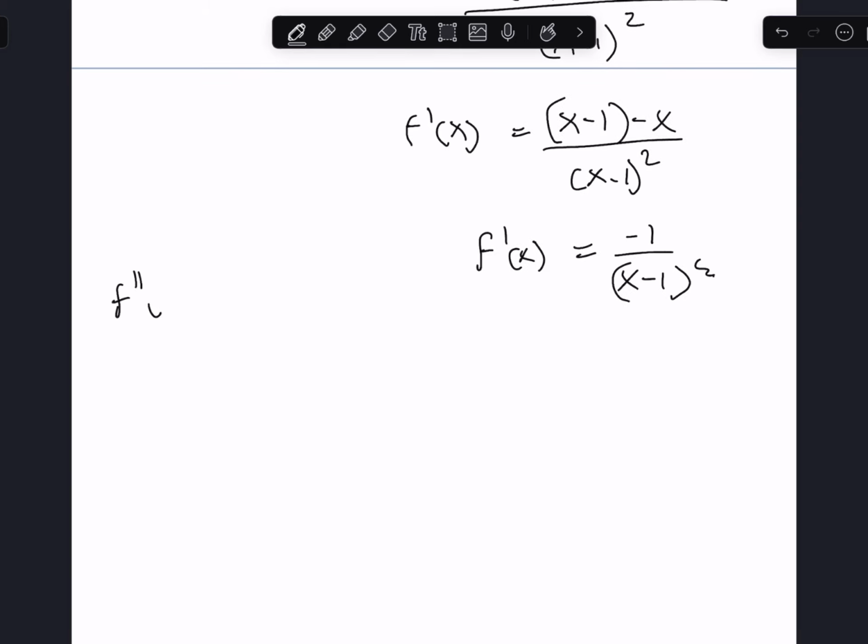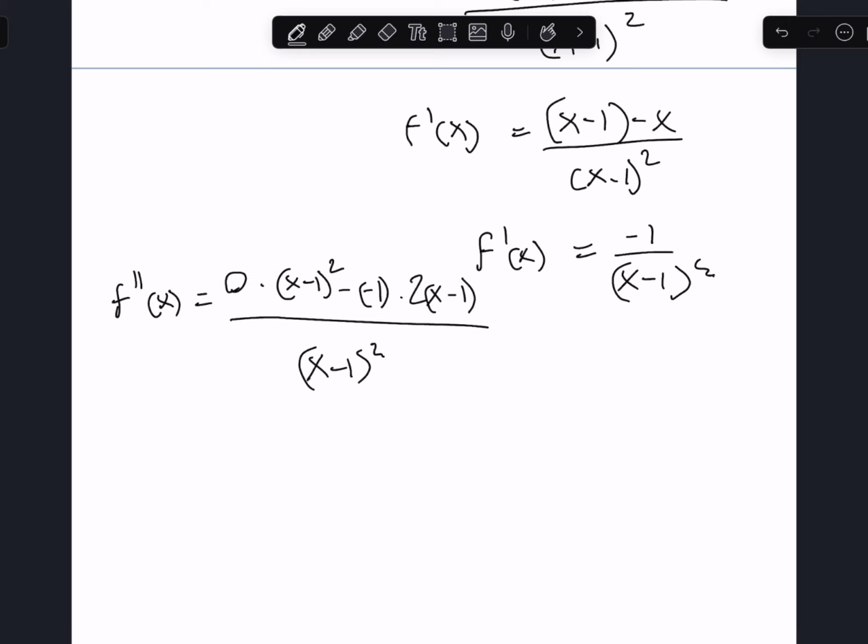So for the second derivative with respect to x, the derivative of negative 1 is 0, so it's going to be 0 times x minus 1 squared minus 1 times the derivative of x minus 1 to the power of 2. Take the 2 across, it's going to be 2 times x minus 1, over x minus 1 squared.